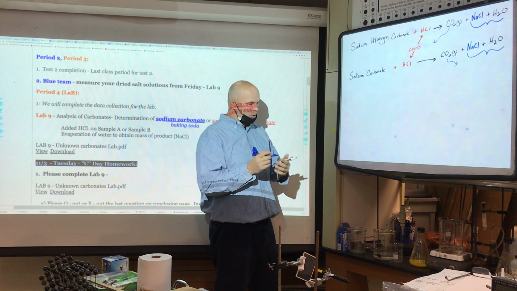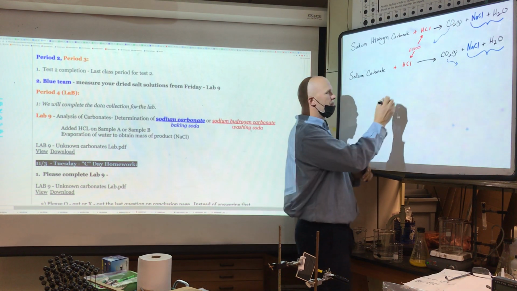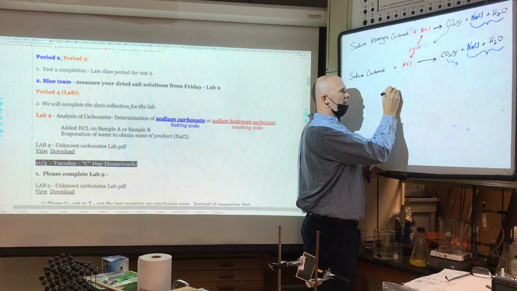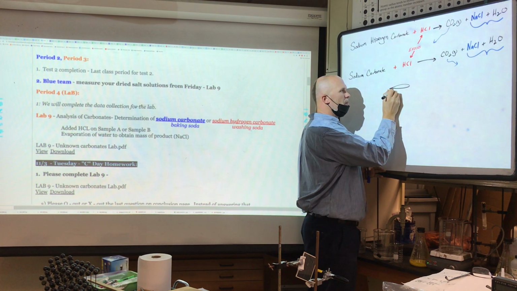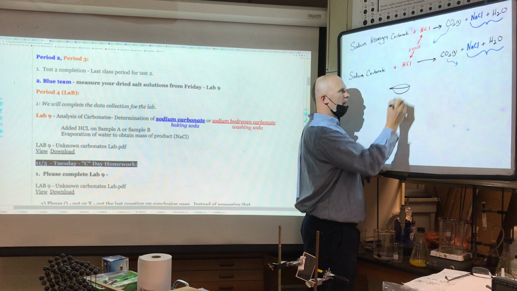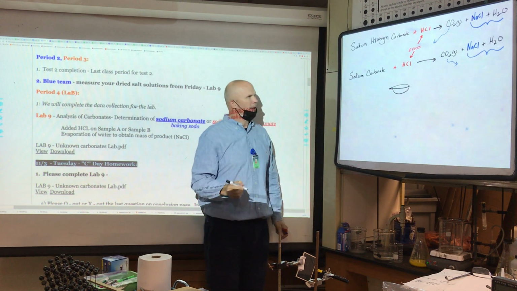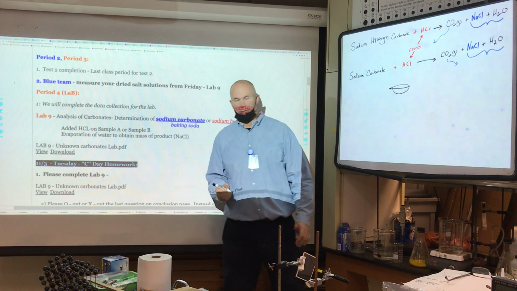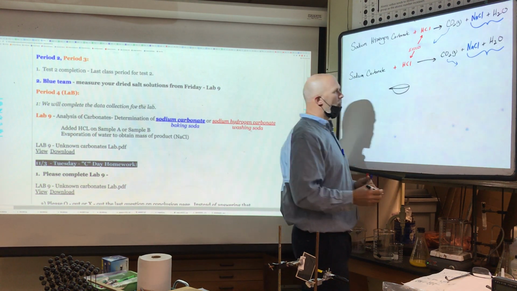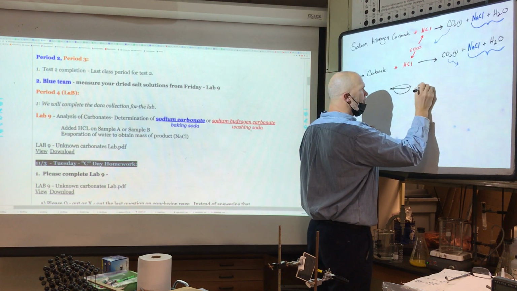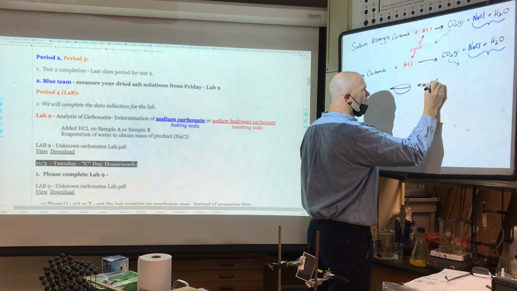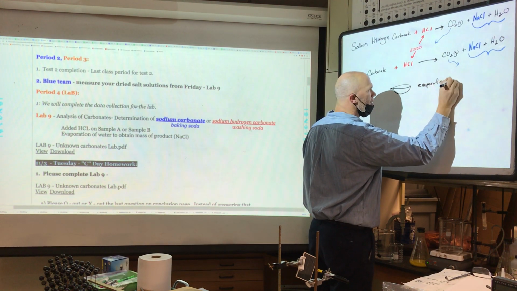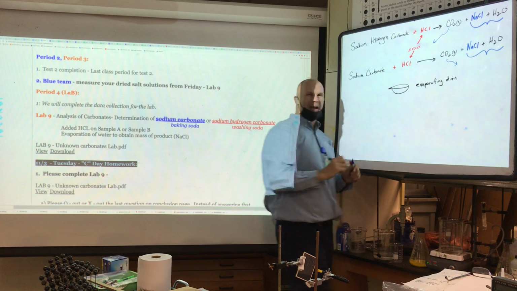So what we're going to do is we're going to take an evaporating dish, and it looks something like this. It's a porcelain dish with a spout, okay? It looks almost like a duck that I cut in half with no body, but in any case, it's called an evaporating dish. And in this evaporating dish, I'll write that, evaporating dish, we're going to mask that out.